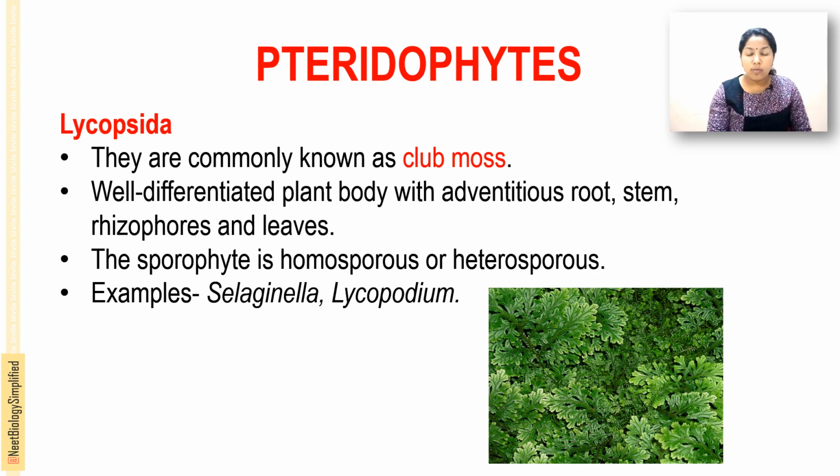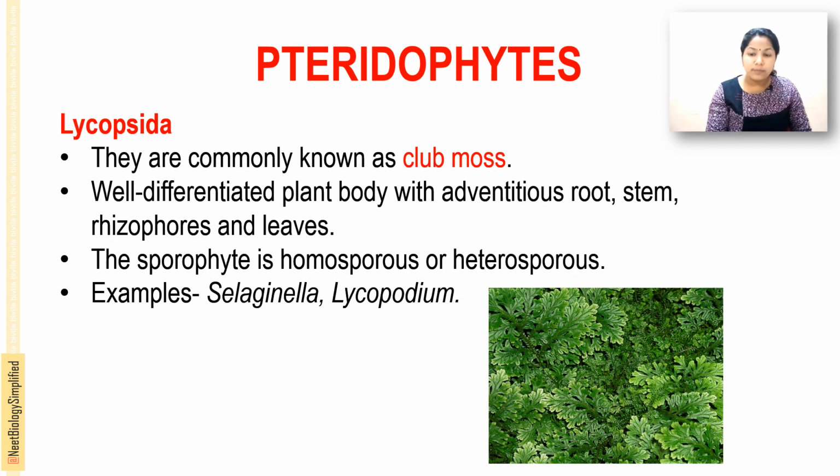Adventitious roots are roots that develop from places other than the usual root, maybe from some nodes on the stem. Then we can cut that part and plant it, and we can produce a new plant. That is the advantage of adventitious roots.